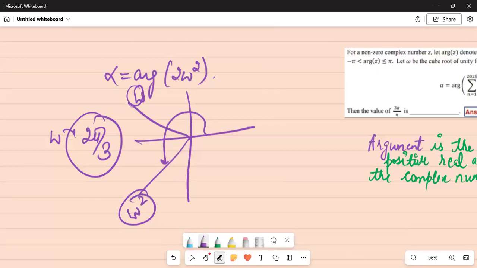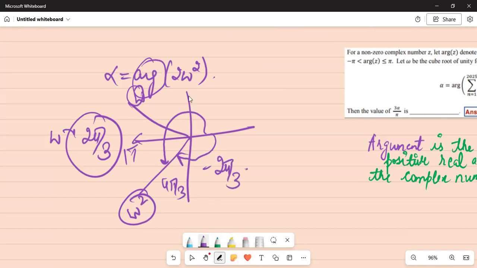And this has the argument 4 pi by 3. But since it is exceeding pi, the principal argument, you have to take it in the clockwise direction. So this is minus 2 pi by 3.